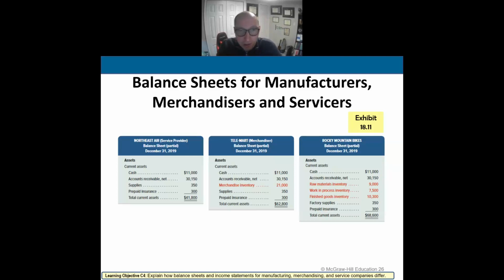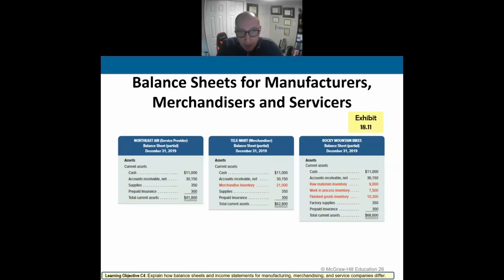And we could see here's a nice visual representation of the difference between the three different types of businesses. The first one here on the left is a service business. It's an airline. Our assets are cash, accounts receivable, supplies, prepaid insurance. That's a service business.